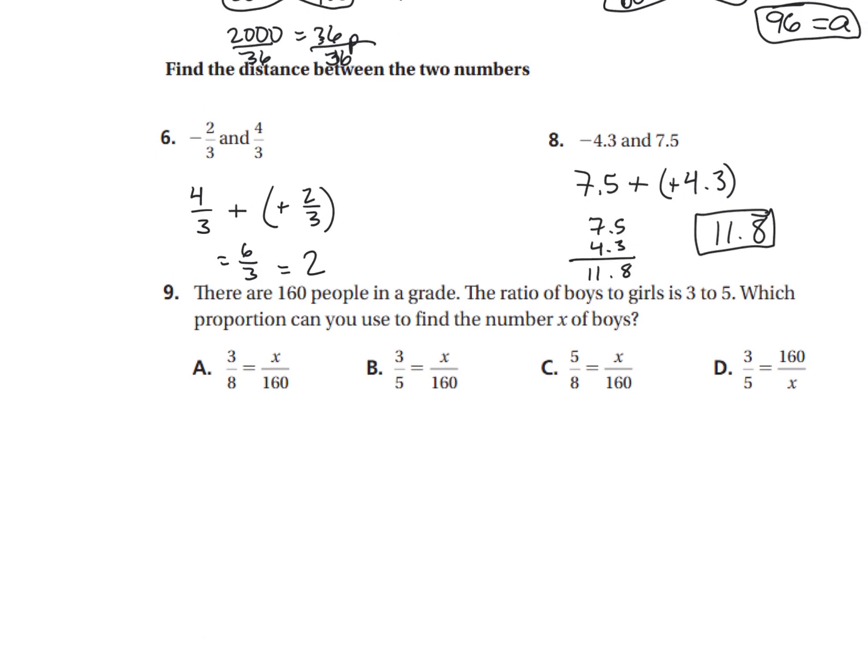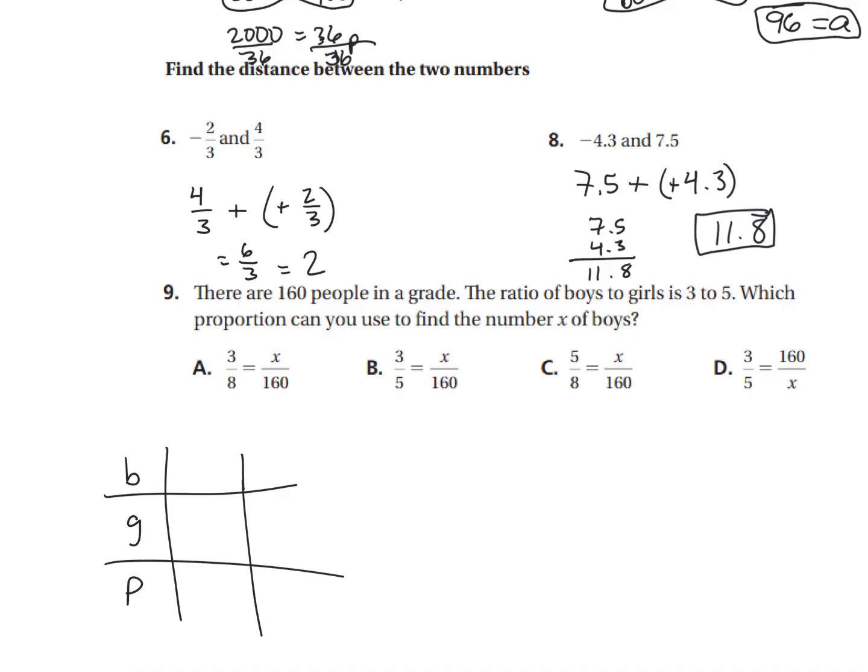All right, for number 9, it's asking there are 160 people in a grade. The ratio of boys to girls is 3 to 5. Which proportion can you use to find the number of boys? All right, so we've got 3 different things going on here. We have boys, girls, and total people.